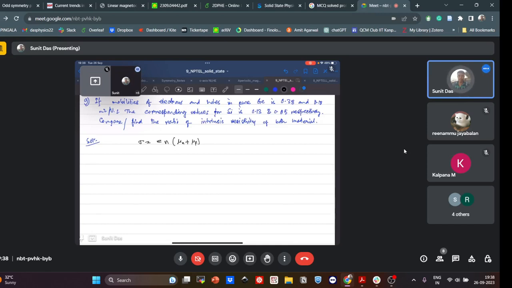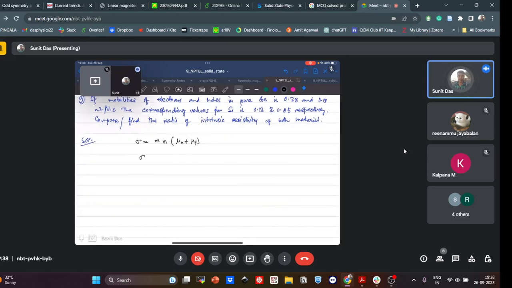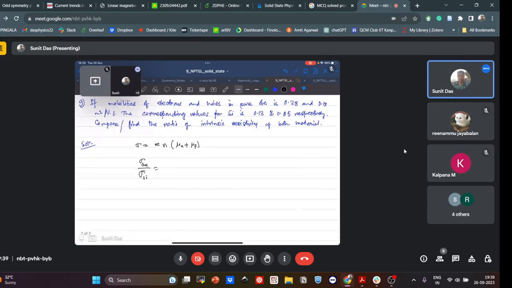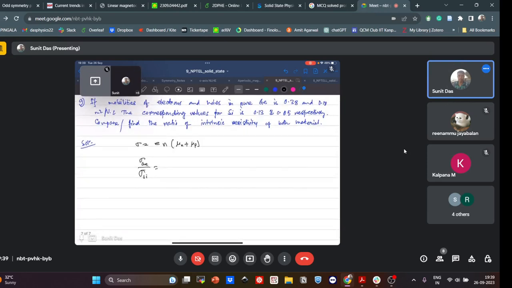Then sigma germanium by sigma silicon will be n germanium by n silicon, times (mu n plus mu p) for germanium by (mu n plus mu p) for silicon.